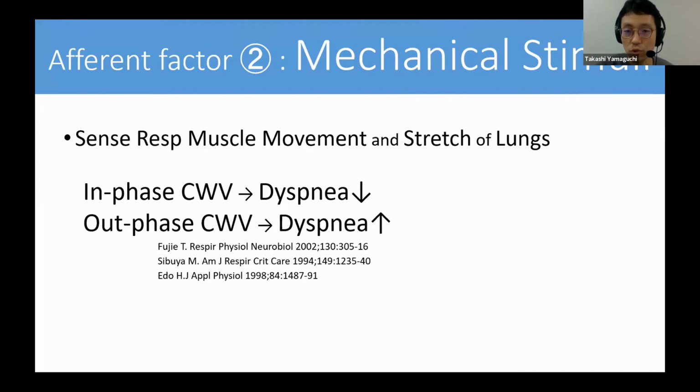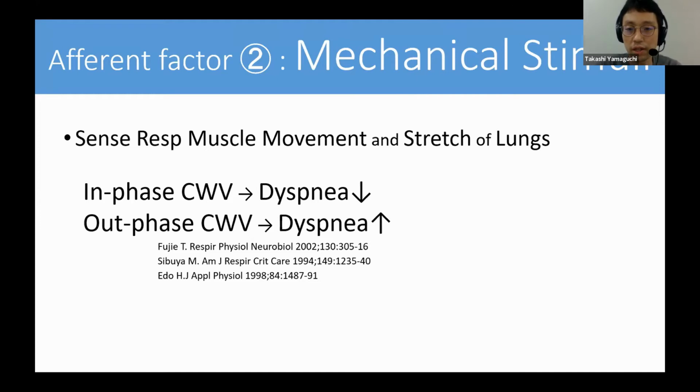So in-phase chest wall vibration, IPCWV, means giving vibration stimuli to the inspiratory muscle during the inspiratory period. It is shown that this in-phase CWV decreases dyspnea.